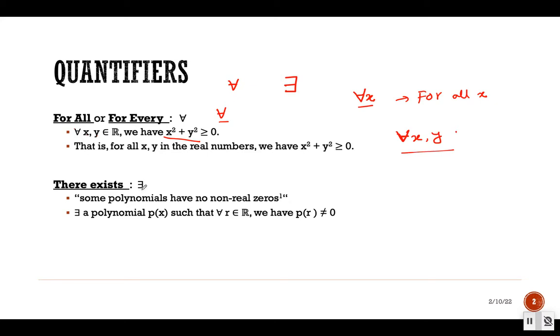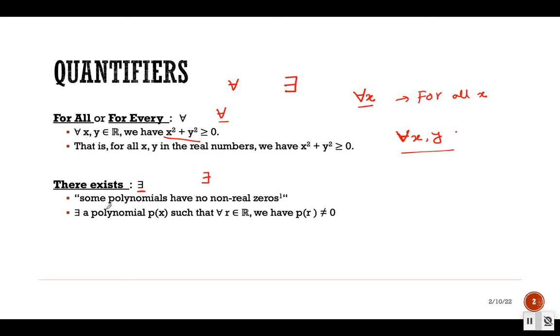Another quantifier we'll learn about is there exists. This symbol means there exists. For example: some polynomials have no real zeros. There exists means that if there exists a value, then we are going to use this quantifier.